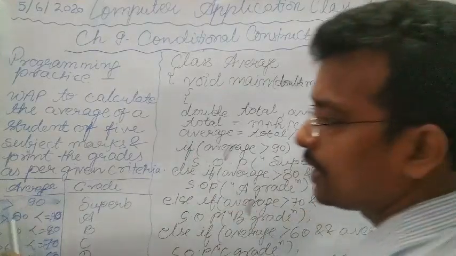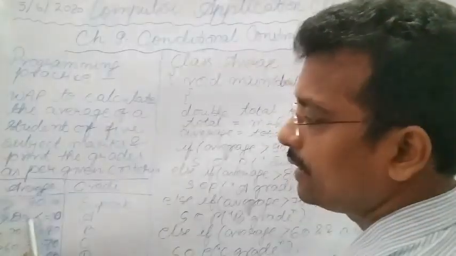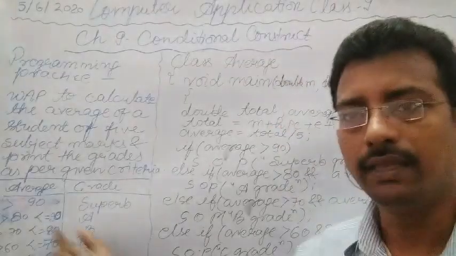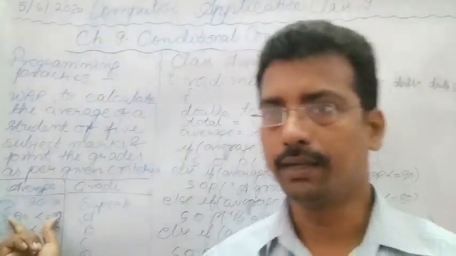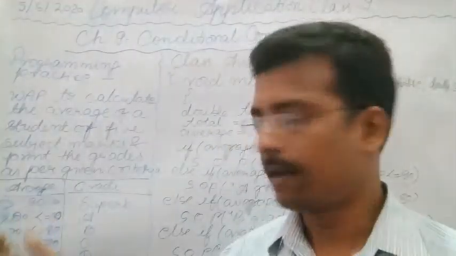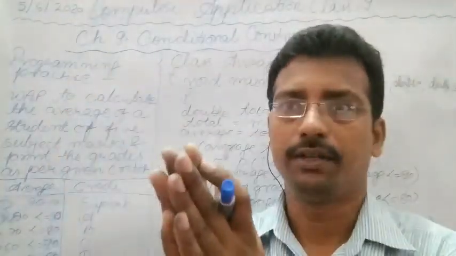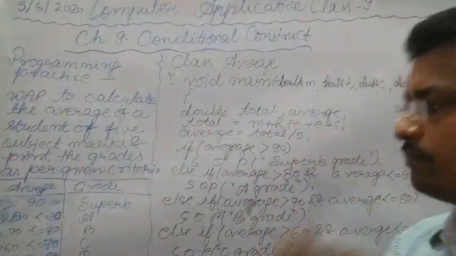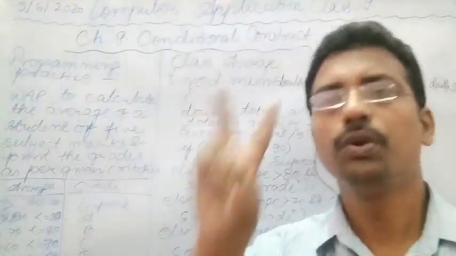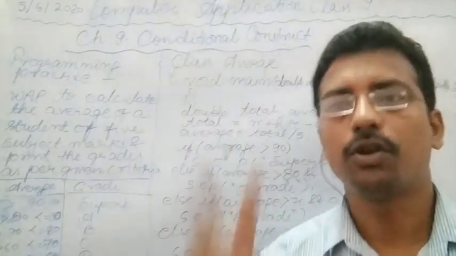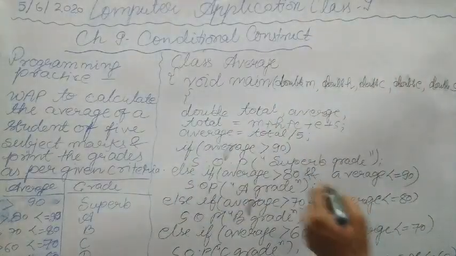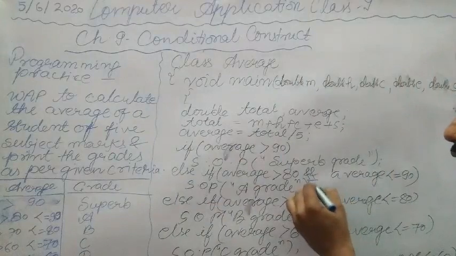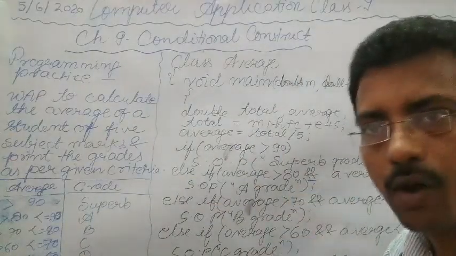The second condition is greater than 80 and less than 90. When we make 2 conditions here and both need to be combined, to get one result we need to put the AND logical operator.